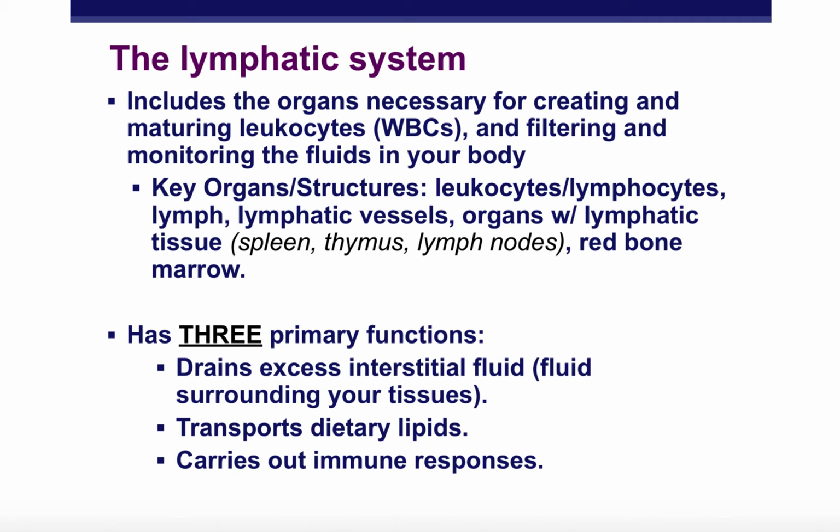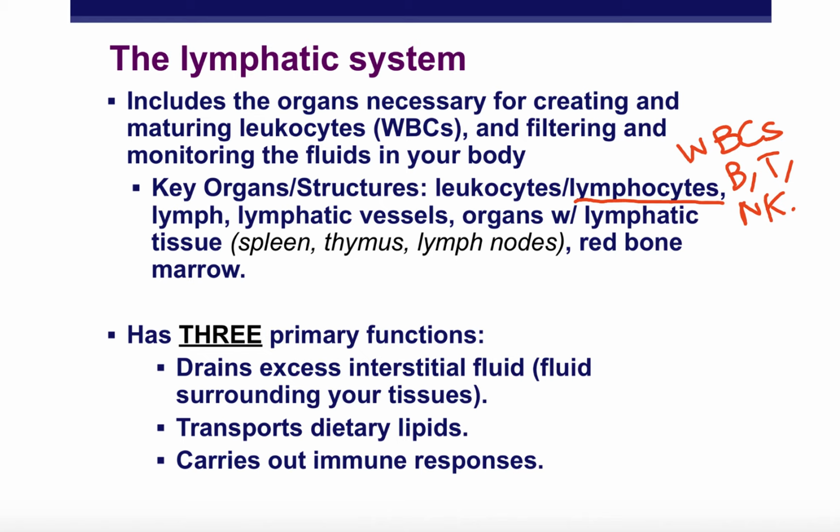So lymphocytes, if you recall, are the white blood cells involved in acquired immunity and a little bit in innate immunity. So it's specifically B cells, T cells, and natural killer cells that are the special term for lymphocytes.